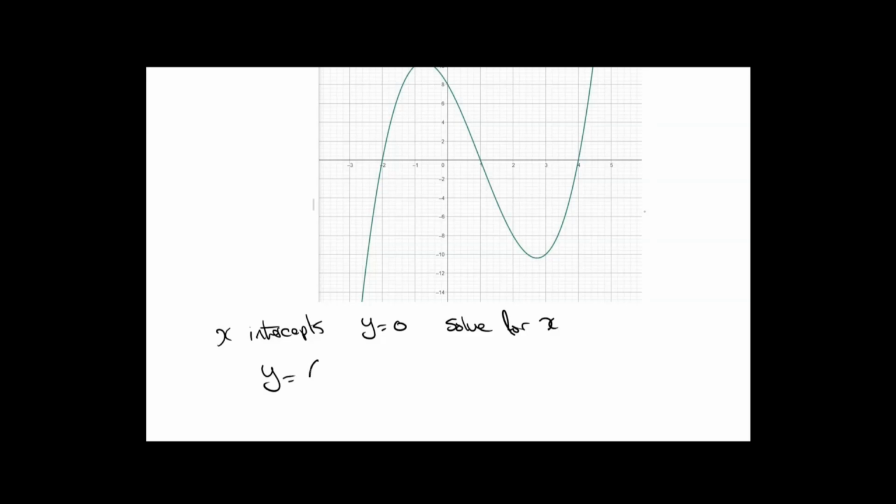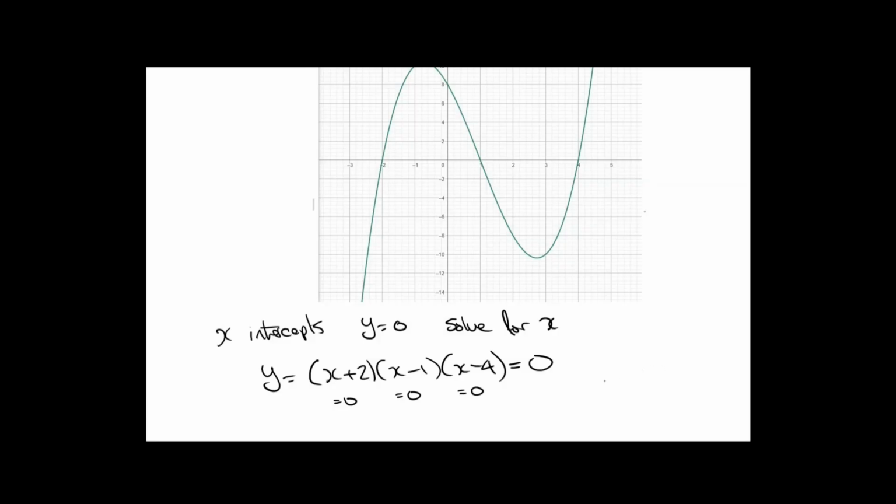And this equation is x plus 2, x minus 1, x minus 4. Okay, we're going to make y equal 0. So that tells us that we have three things multiplied together to give us 0. Well, the only way that that can be true is if this equals 0, this equals 0, this equals 0, all of them equal 0, or 2 of them equal 0.